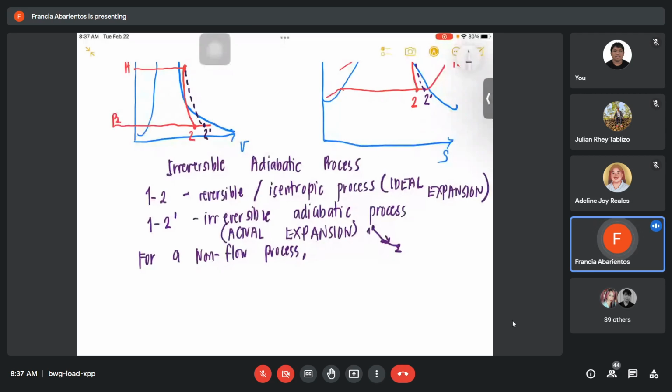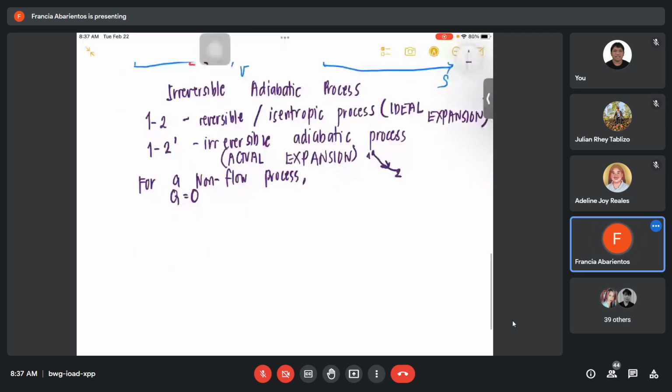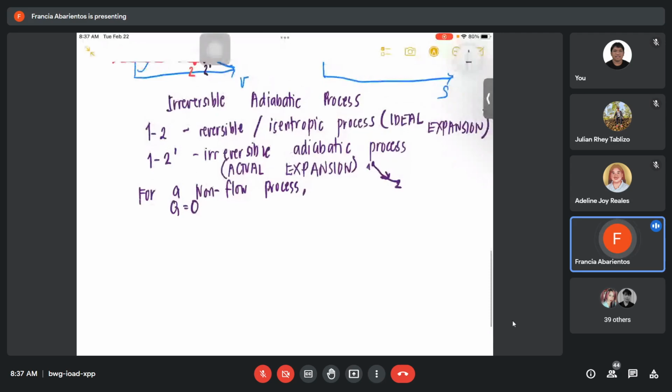So, alam natin, pag adiabatic, automatically your Q is 0. Ayan. So, we have here the Q, the general energy equation. We have the Q is equal to 0 automatically. So, mangyayari, class, this is a general equation. Ayan. Nakaka-connect na. We have now the Q is equal to the change in U.